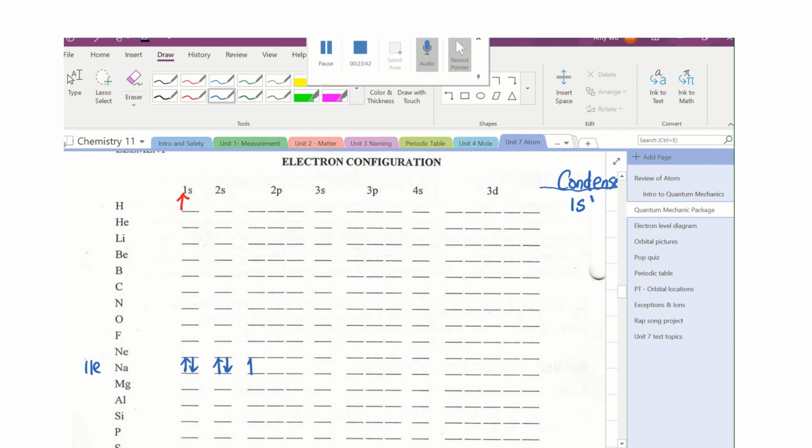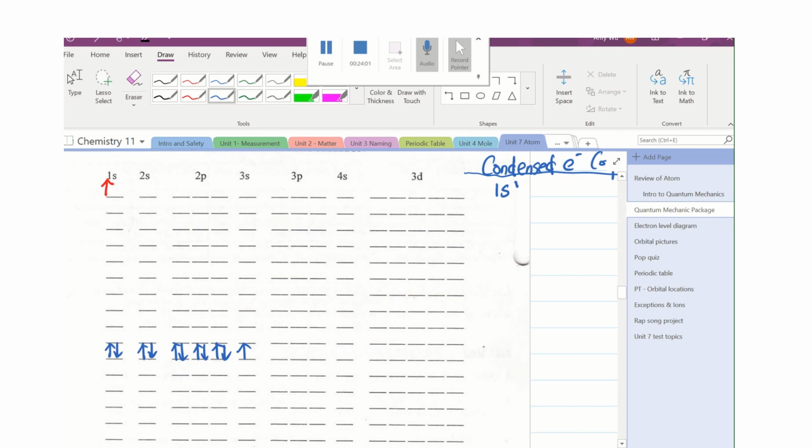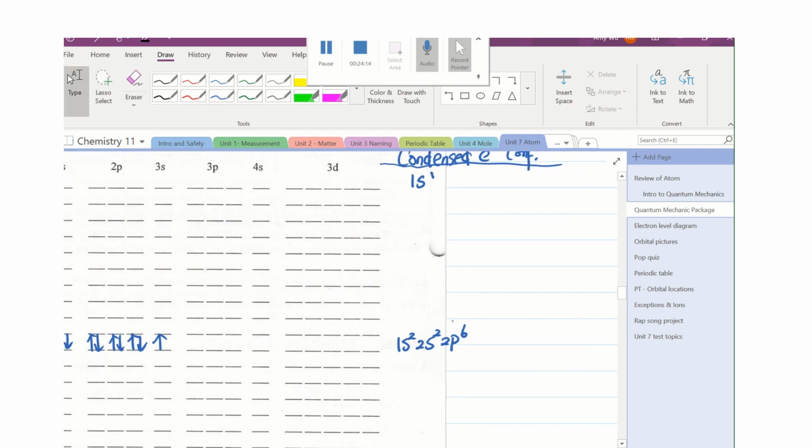And then I can fill up all 6, but the way to fill it is always single and then double like this. And then that's a total of 10, okay? So that means I have one more in the 3s orbital, okay? So on the side here, I'm going to ask you guys to add the condensed way. So I have 1s2, 2s2, 2p6. Okay, you don't have to list x and y and z, just combine them together. And then 3s1. Okay, so that's all today.